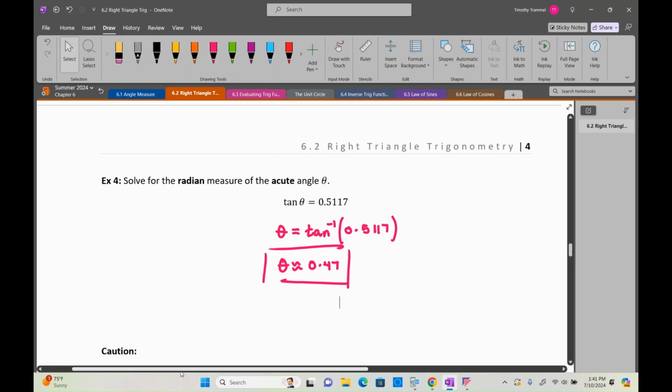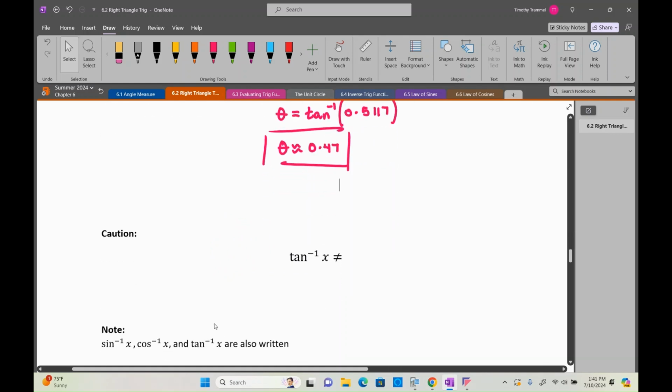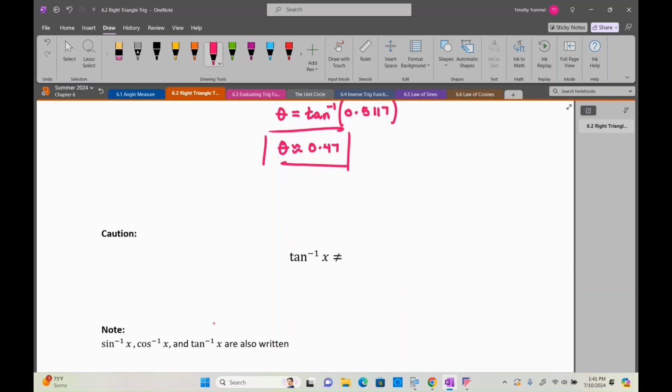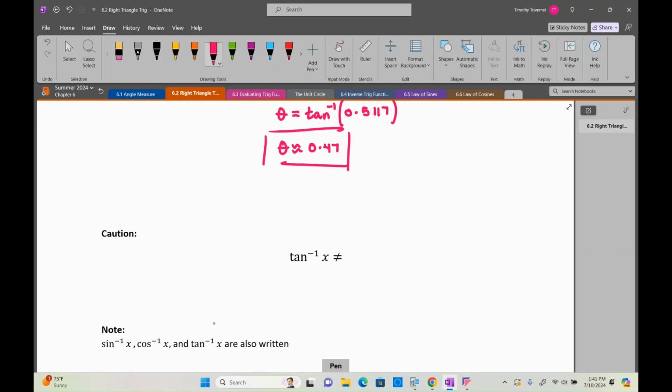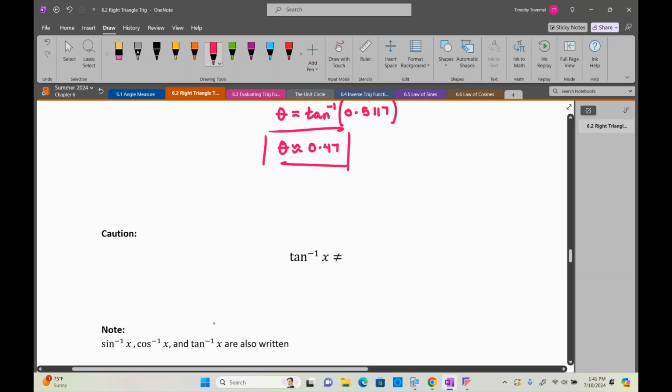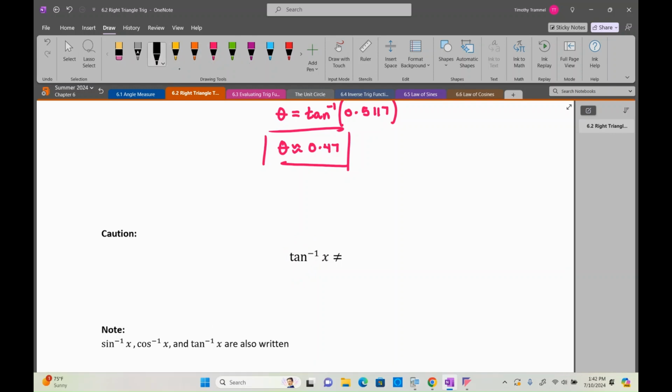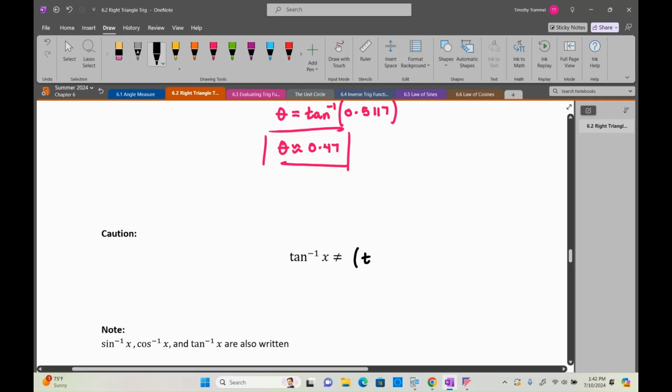All right, now I do have some notes to make here about our inverse trig functions. Unfortunately, this notation is confusing. It's confusing because we're saying that this is the inverse function, which looks a lot like the reciprocal of tangent. So, right, the reciprocal of tangent, you could write like this.